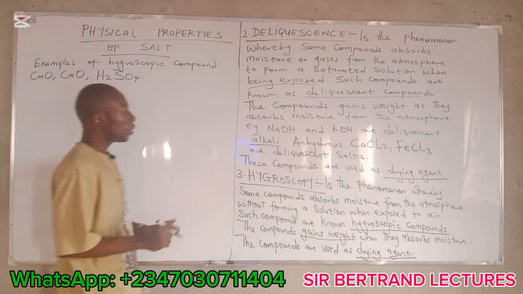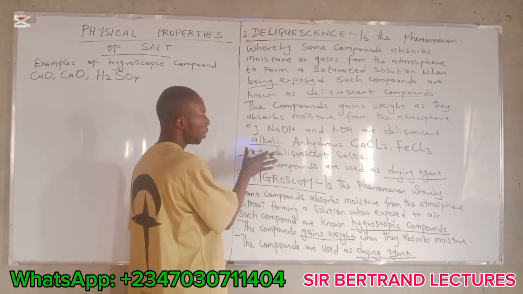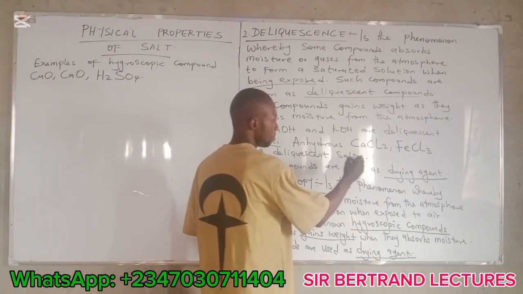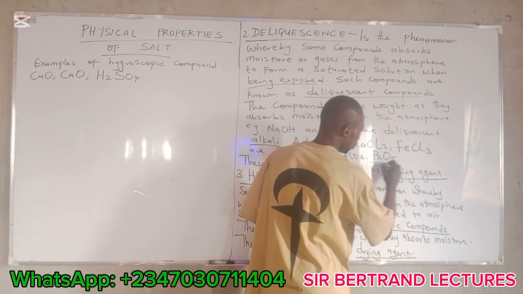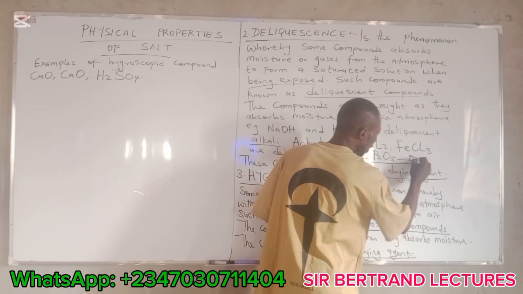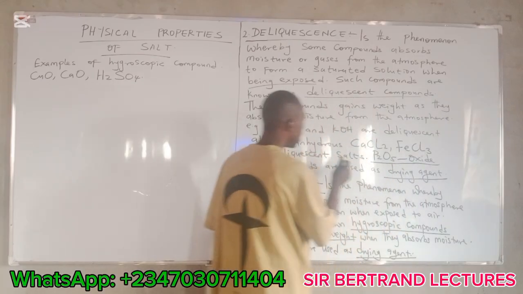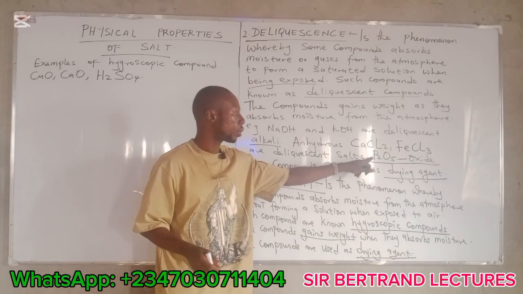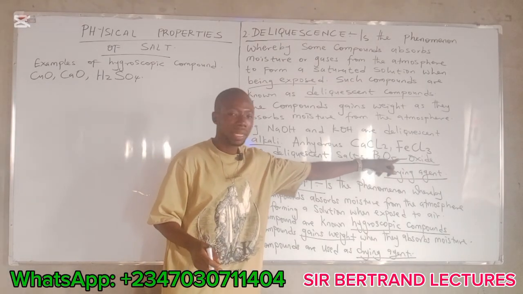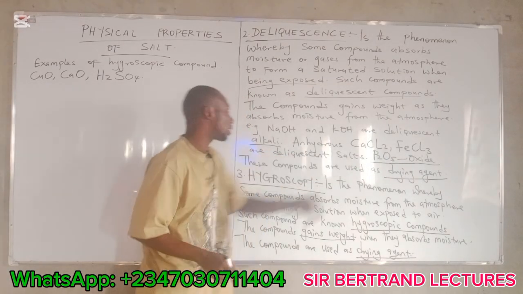But take note here. We also have phosphorus 5 oxide as a deliquescent oxide. Remember, this one here are the alkali. So phosphorus 5 oxide is a typical example of the deliquescent oxide.